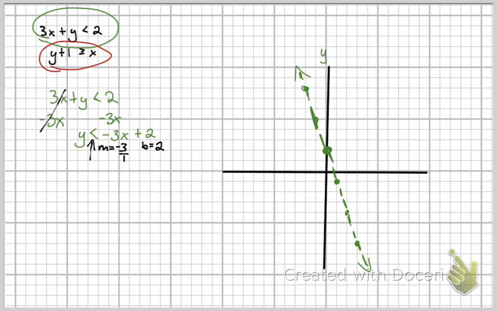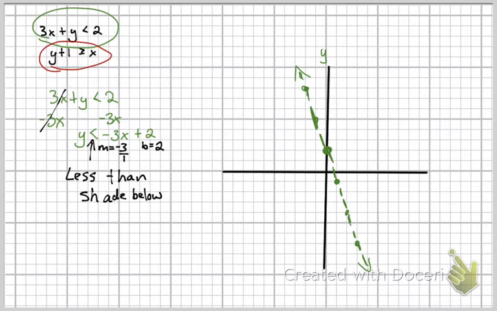Now, this inequality said that it is less than, and when it's less than, that means we're going to be shading below. So I'm going to grab a highlighter and color below the line.